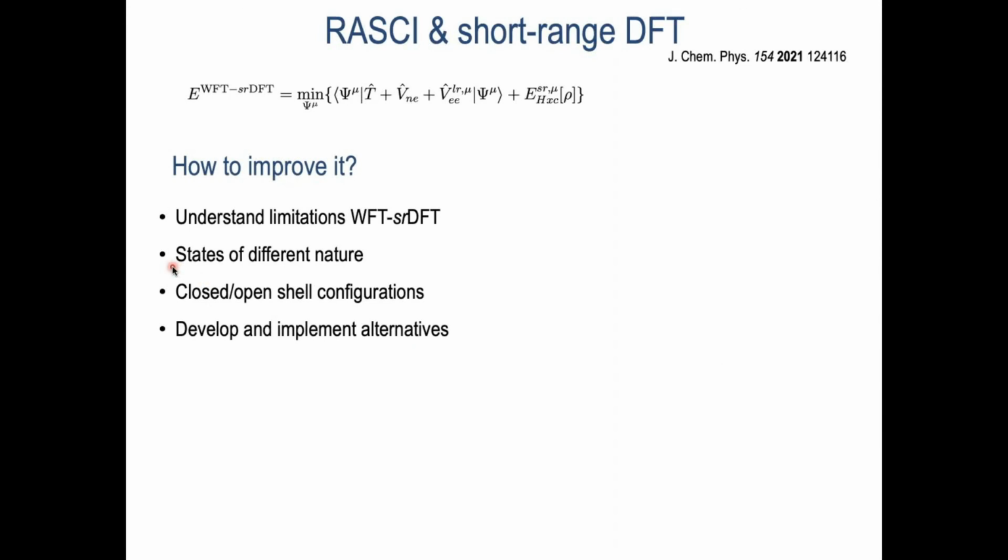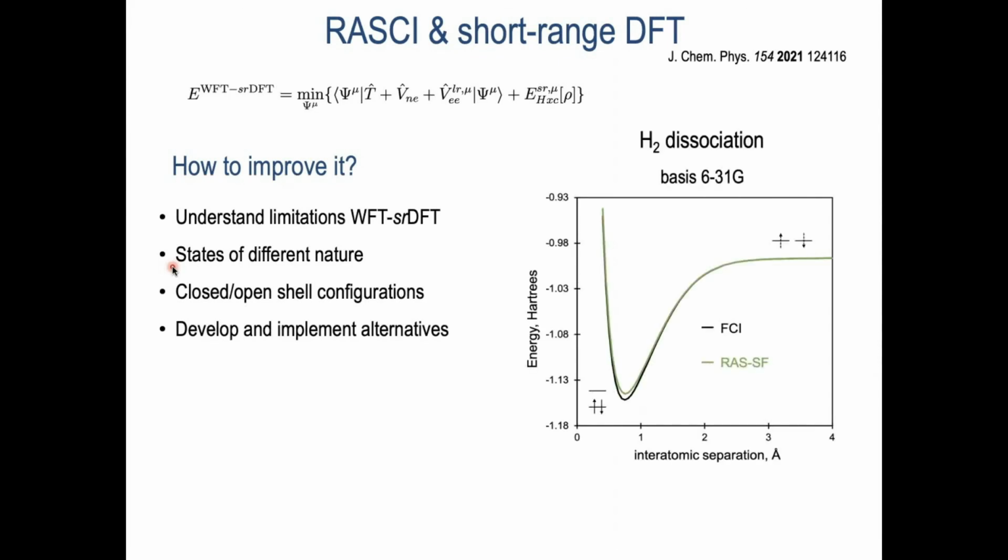We want to know if this is related to systems with closed or open shell configurations, and maybe we want to try to improve this method. And for that, we went back to our toy model, the H2 molecule, and once again, here I'm showing you the dissociation with full CI and RAS spin flip wave function.